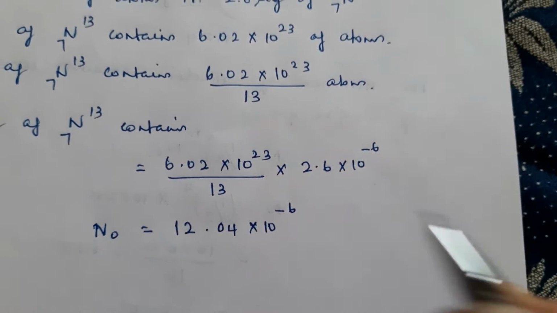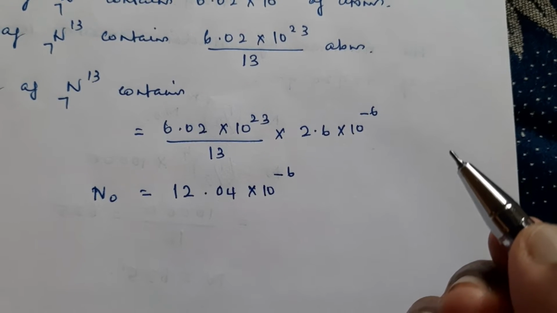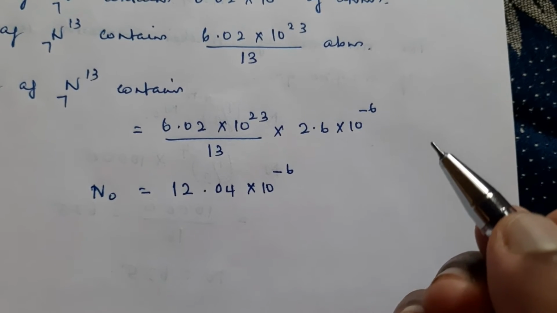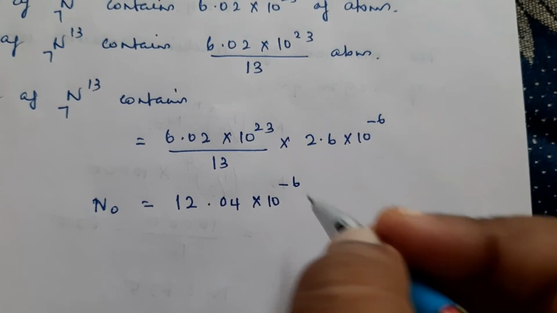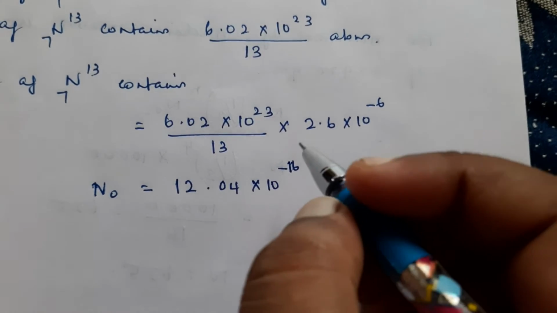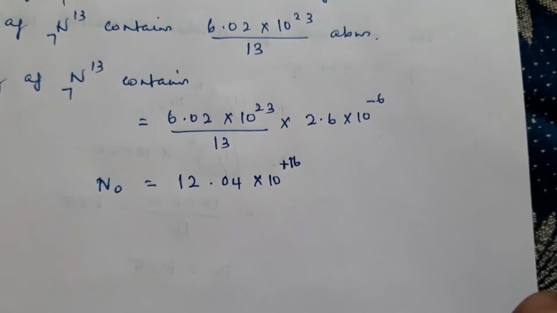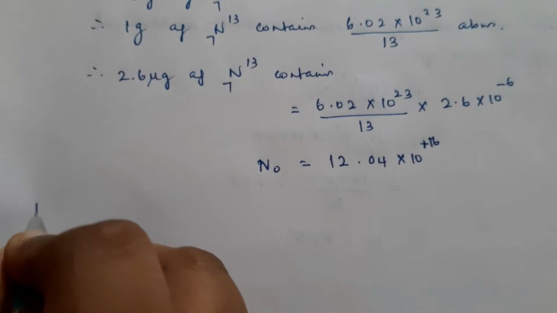Now this is the initial number of nuclei present. That is N0 is equal to 12.04 into 10 raised to plus 16.